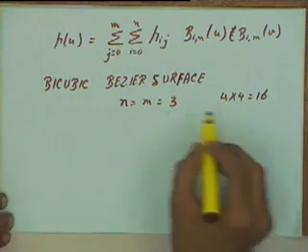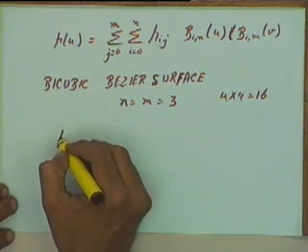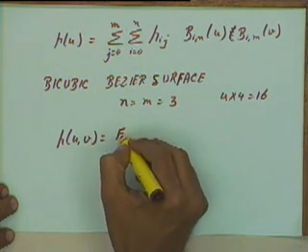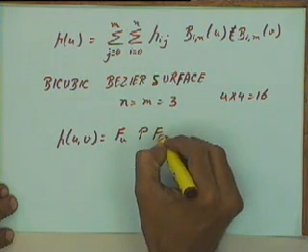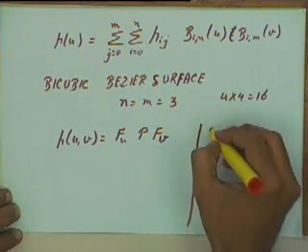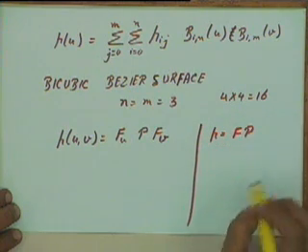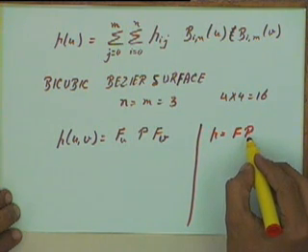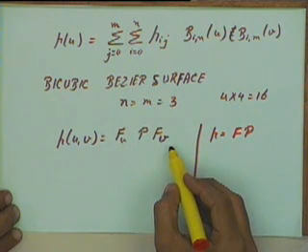For a bicubic Bezier surface, we can show that P of uv will be equal to f of u multiplied by p multiplied by f of v. If you compare it with what we had for Bezier curves, we were saying p was equal to f multiplied by p, where p was the array of control points. In this case we have f of u multiplied by p multiplied by f of v.